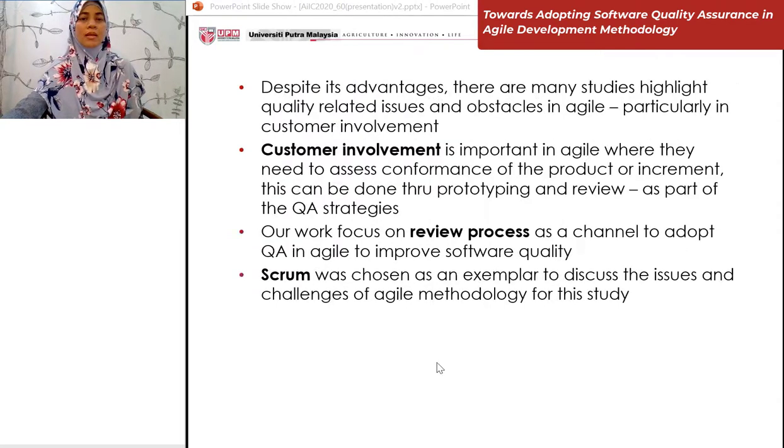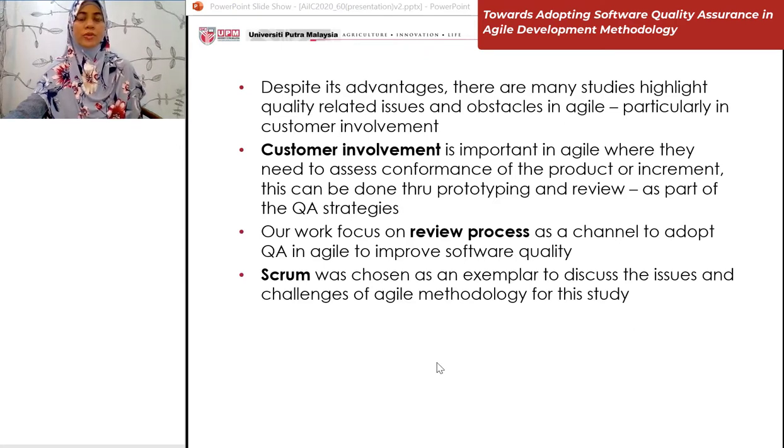easier. Despite its advantages, many studies highlight quality-related issues and obstacles in Agile, especially in customer involvement. Why customer involvement? Because it is important in Agile, where they need to assess conformance of the product or increment.